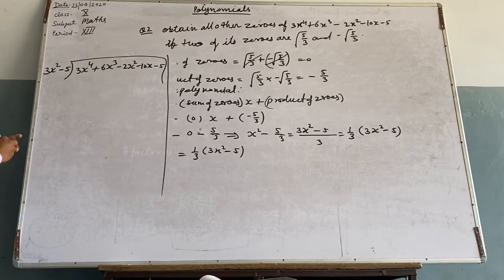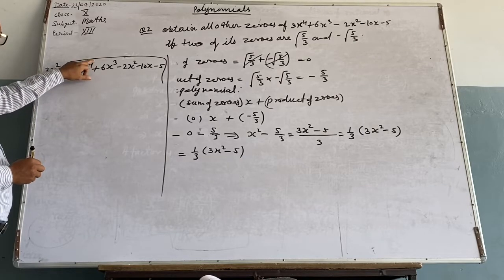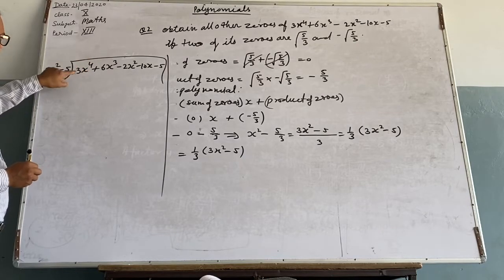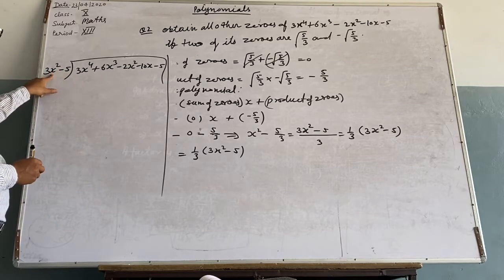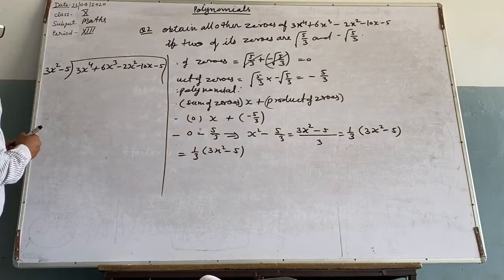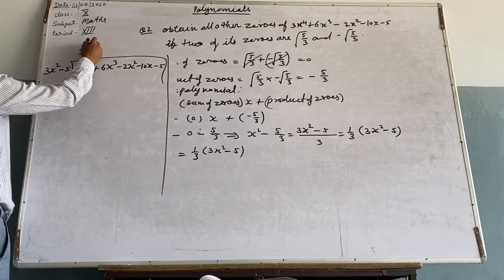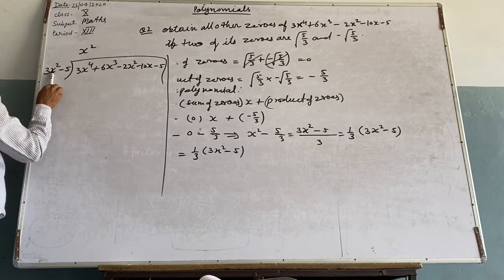Right? First of all, we have to eliminate this. So 3 is here and here is x power 4, so we have to take quotient x square. So x square into x square gets x power 4.